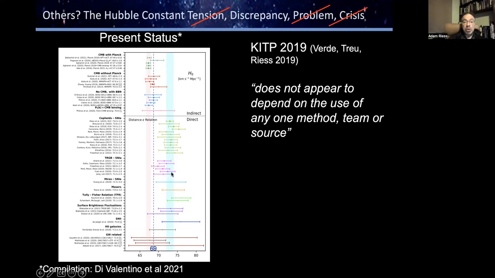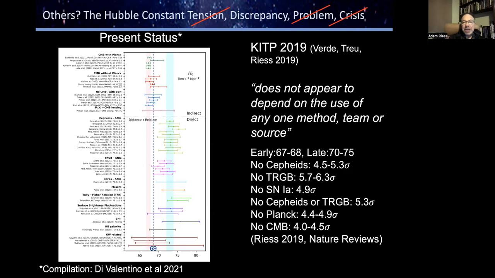Whereas the measurements locally, the direct measure, depending on what techniques you use, vary from about 70 to 75, with the 73 that I've talked about being not only the value we get, but a pretty fair average of the different values. So this problem has become called the Hubble constant tension or discrepancy or crisis, whatever term you like. It doesn't seem to depend on any one method, any one team, any one source. You can eliminate any certain kind of data and you're still left somewhere between 4 to 6 sigma in significance.